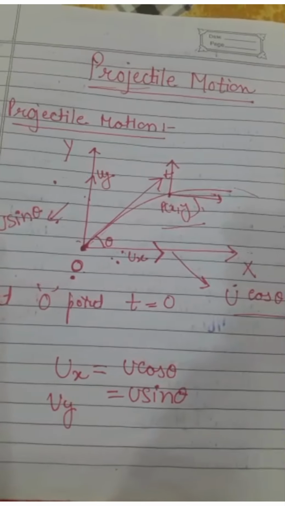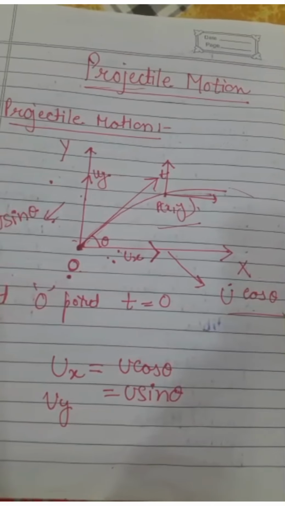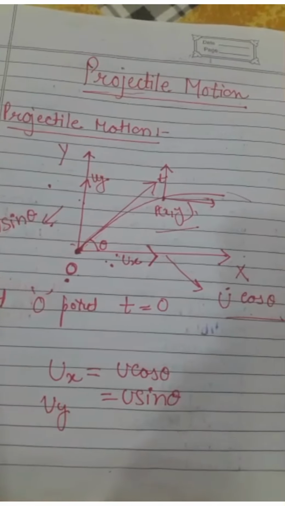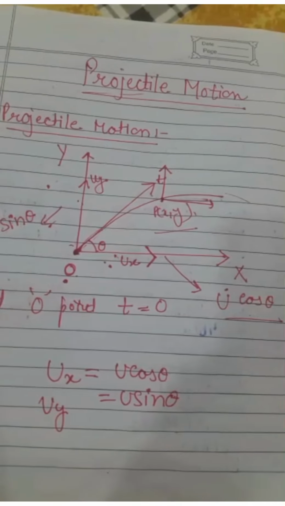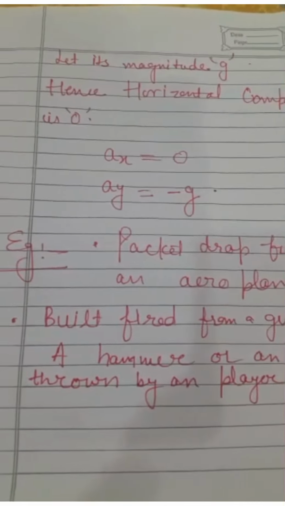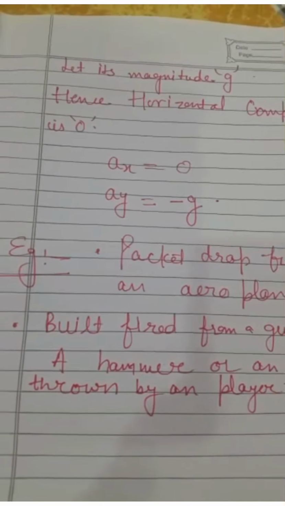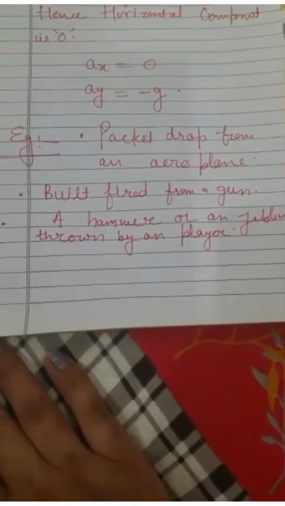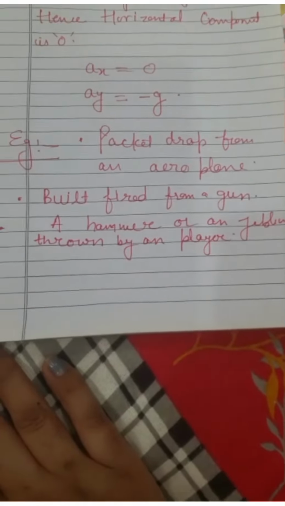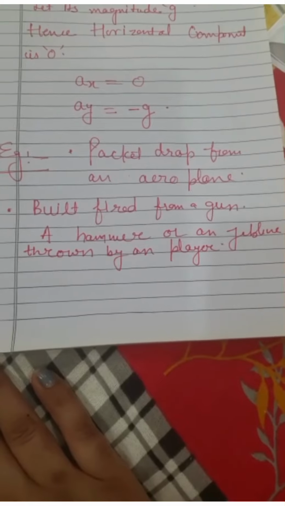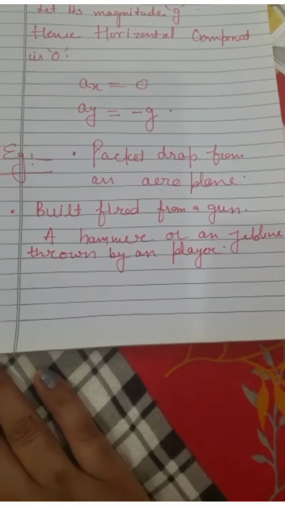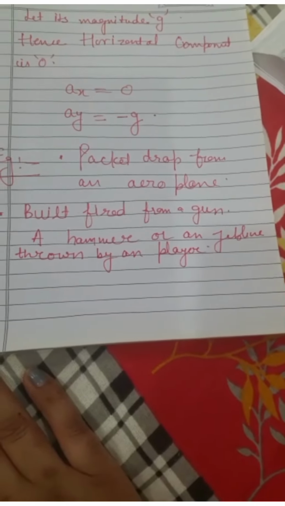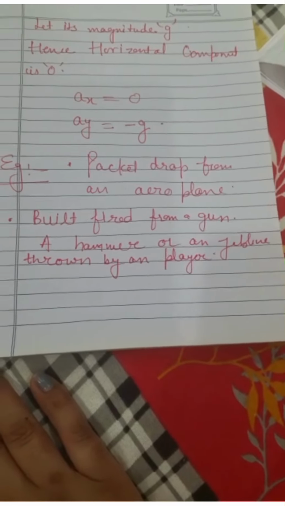The horizontal component along x is 0, and along the y-axis we take it as minus g because the acceleration is vertically downward. Examples include a packet dropped from an aeroplane, a bullet fired from a gun, and a hammer or javelin thrown by a player.